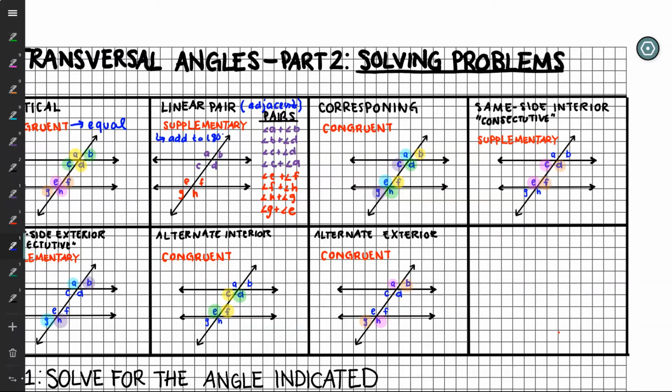Alright, and our last pair is our alternate exterior angles, which, alternate again means opposite sides of the transversal, and now we're on the outside of those two parallel lines. So A and H and G and B are alternate exterior angles, and alternate exterior angles are congruent.